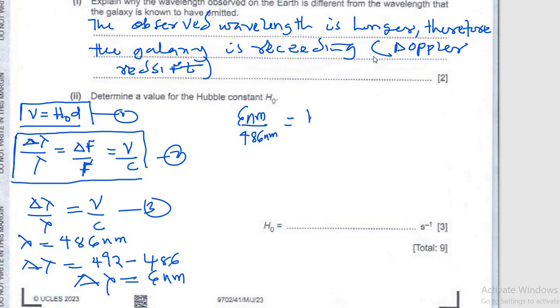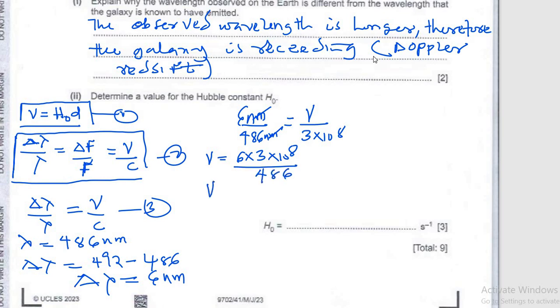I'm looking for the value of velocity, but c, the speed of light, is 3 times 10 to the power 8. Nanometer cancels nanometer, cross multiply. When you cross multiply and make v the subject of formula, v will be 6 times 3 times 10 to the power 8 divided by 486.